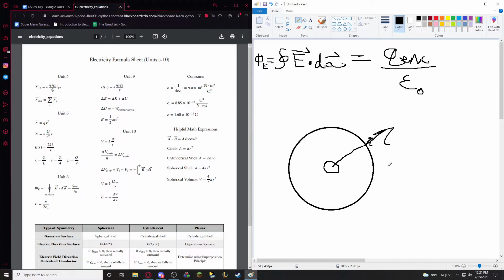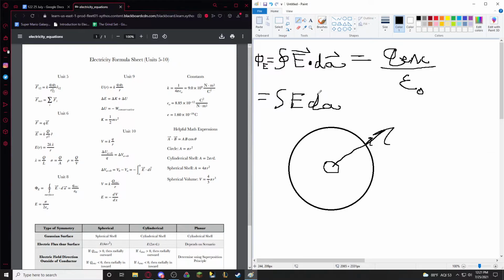Well, in this case, cosine 0 is just 1. So what's the dot product? It's the magnitudes times the cosine? Is that what you're saying? Yeah, exactly. So we only need to know the magnitude. Exactly. So then this integral becomes just the integral of the magnitude of E times dA.